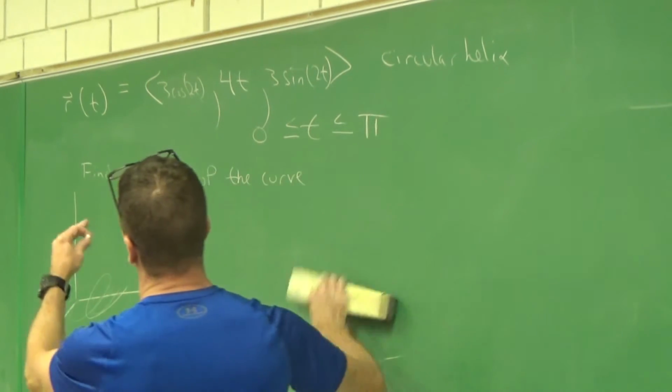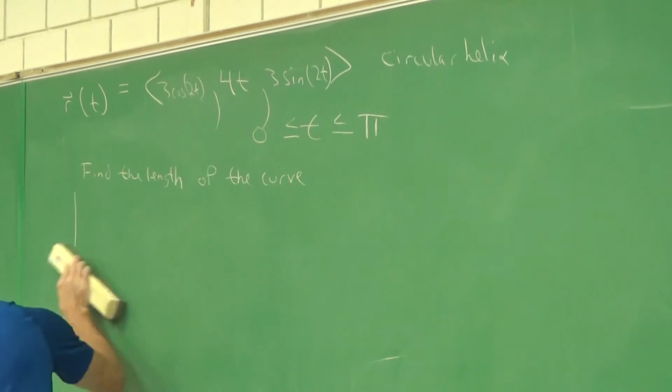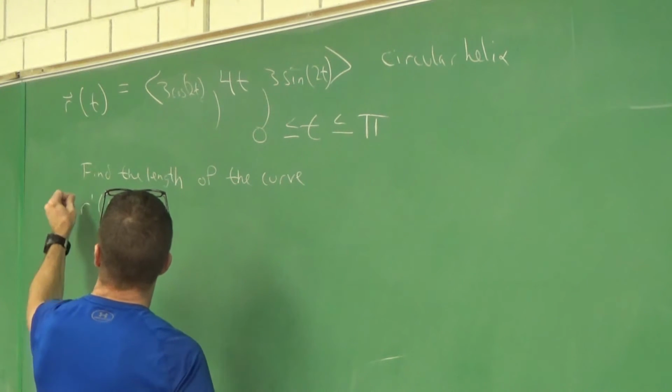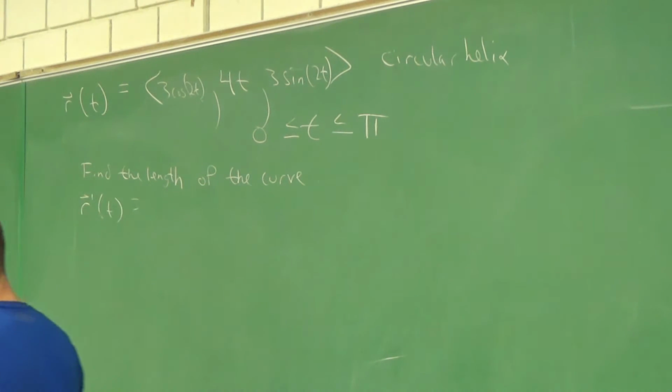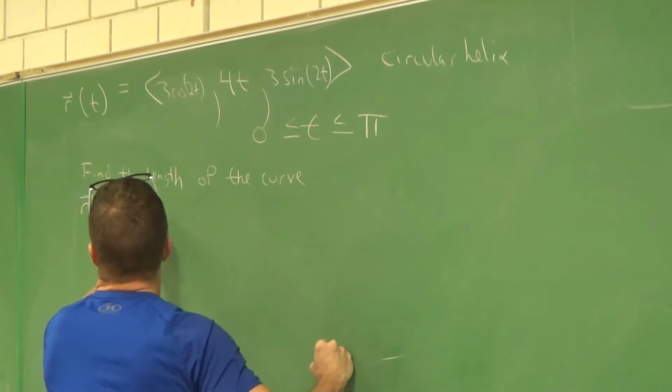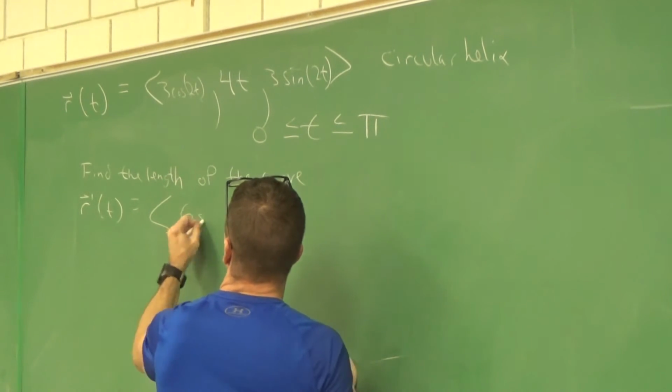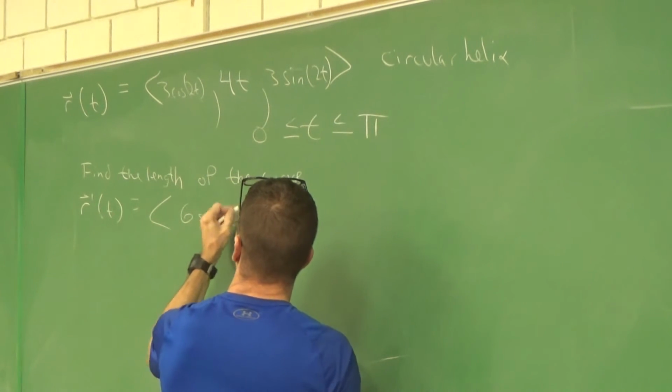First thing, get r prime. Be careful with chain rule. What's r prime of t? So that should be 6. So negative 6 sine 2t.